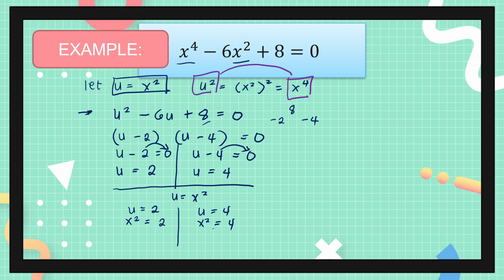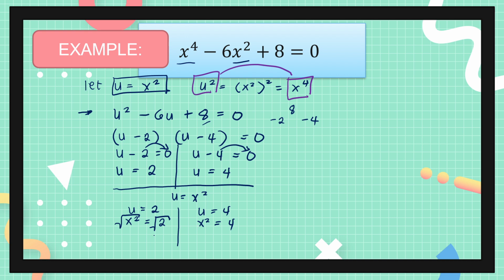And then since we need only the value of x, we need to eliminate the exponent 2. And for us to eliminate this, we will apply the square root property by getting the square root of both sides of the equation.